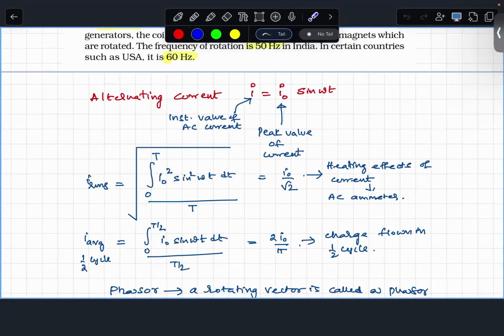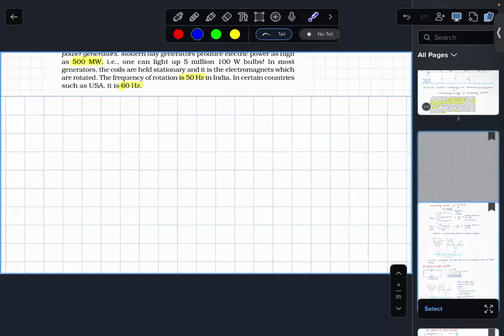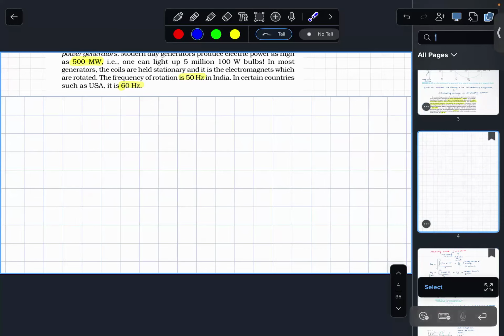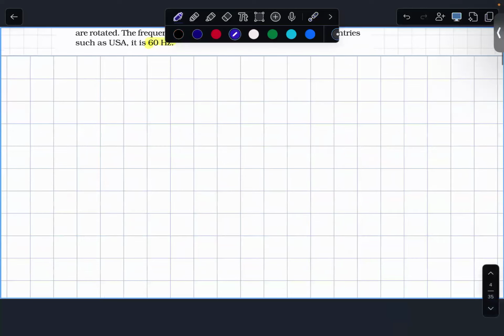For example, you take AC. Now try to please understand, I am taking, say for example, a resistor for convenience.